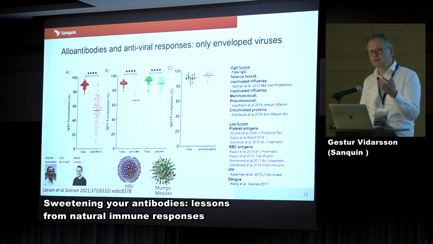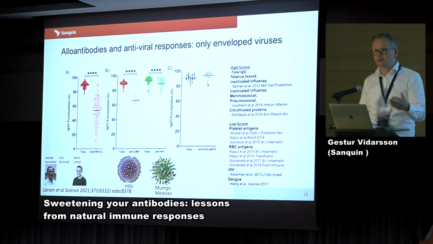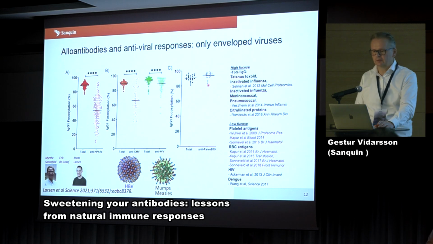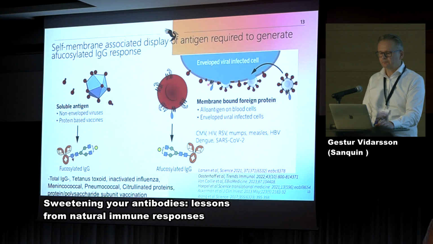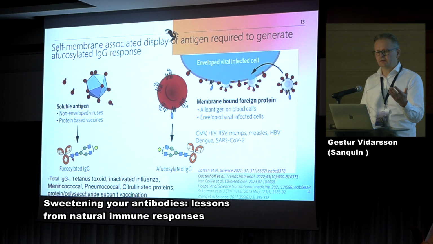For mumps and measles, which are actually attenuated viruses, it's very similar to what you see in natural immune responses. And this is not seen against non-enveloped viruses, which do not have glycoproteins on the host cells. So it seems you need to have a foreign protein on the surface of self to make afucosylated antibodies.